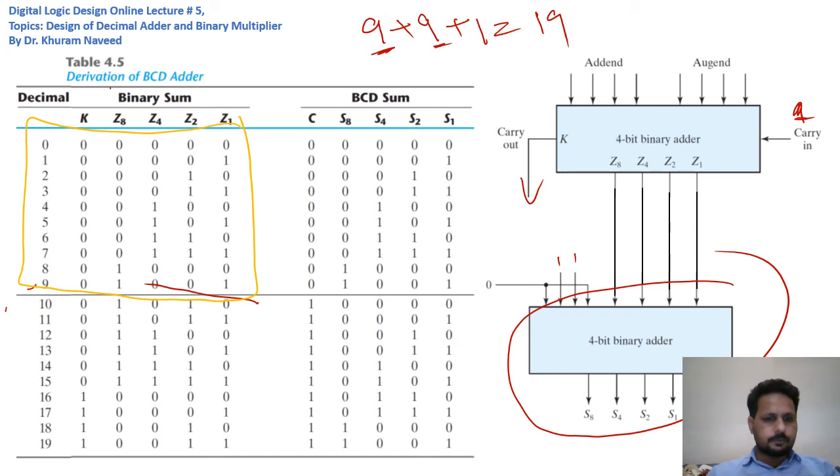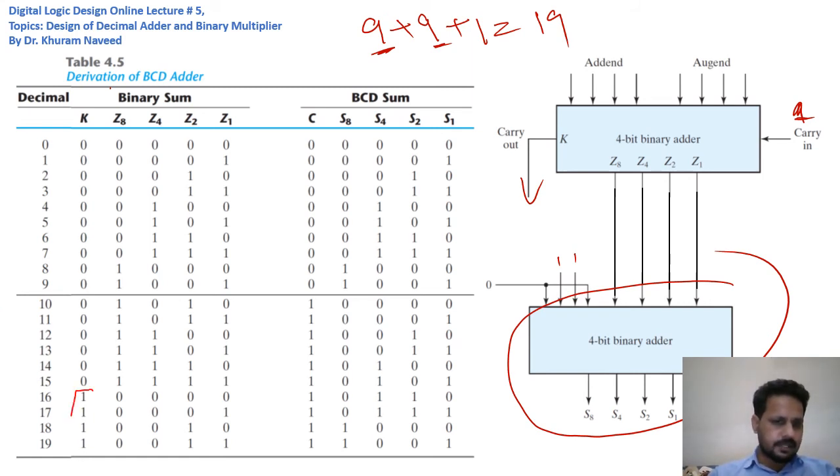Right, so just observe from here that k is only 1 for 16, or for a number greater than 16, right?